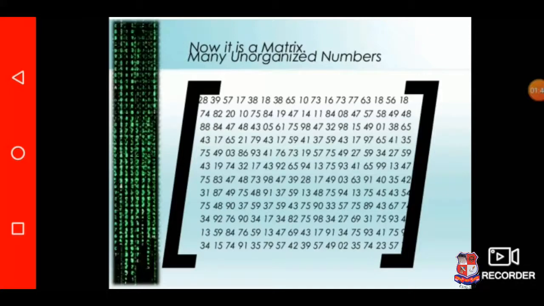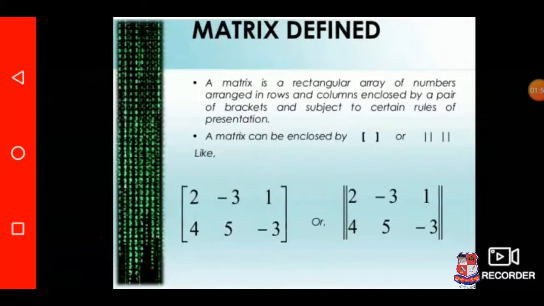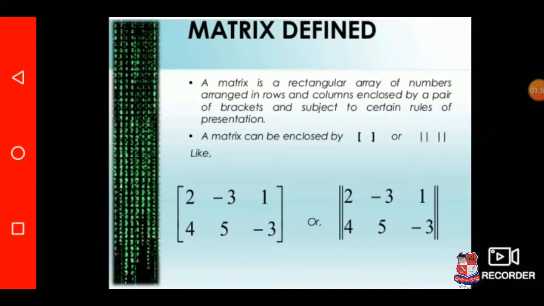For example, if we take the big numerical data, and now it is a matrix, many unorganized members. So a matrix is a rectangular array of numbers arranged in rows, columns, enclosed by a pair of brackets and subject to certain rules of presentation.